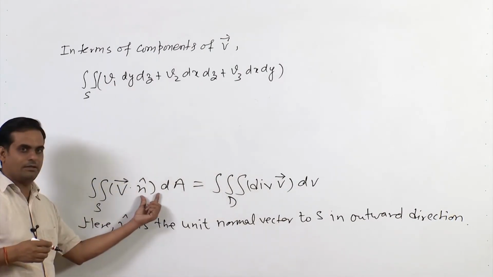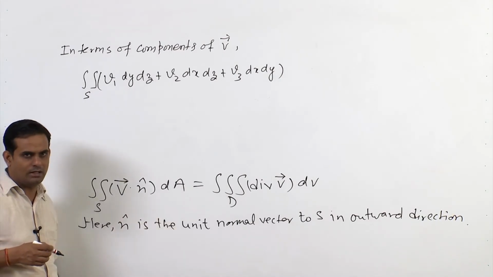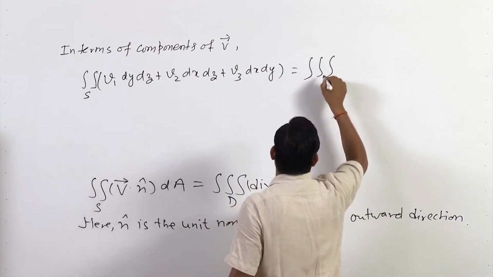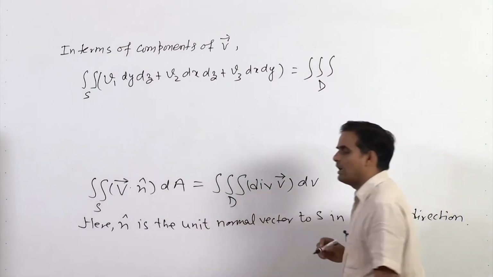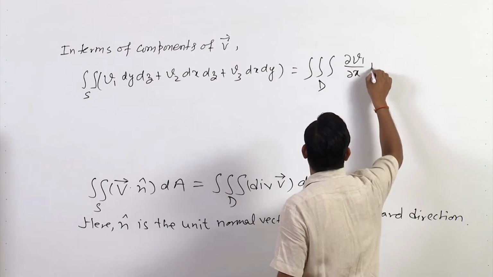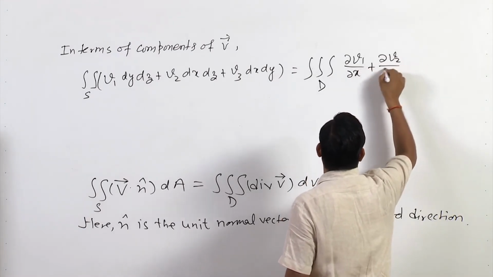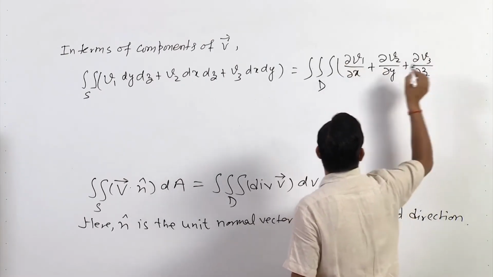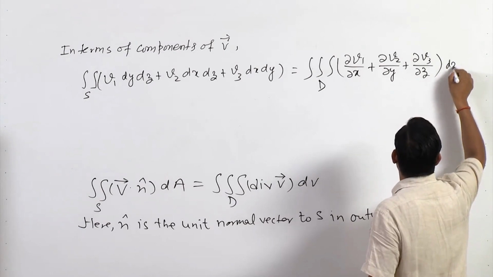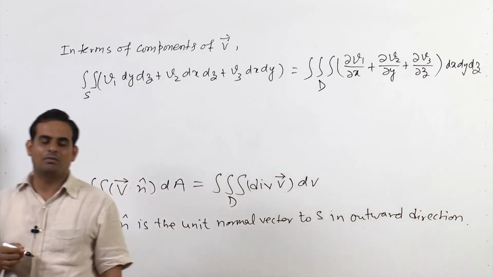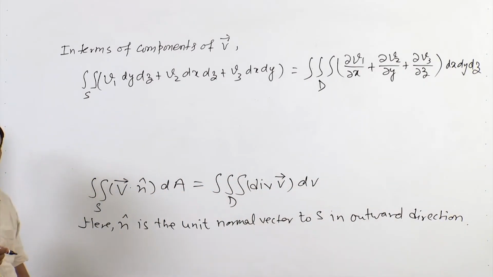This is replacing V dot n dA, and we have seen it in the surface integral of the vector function. This equals the triple integral over the region D of del V1 over del x plus del V2 over del y plus del V3 over del z, into dx dy dz. So, this is the alternative formula of the divergence theorem of Gauss in terms of components of a vector.